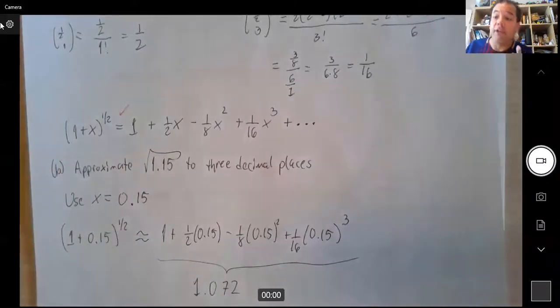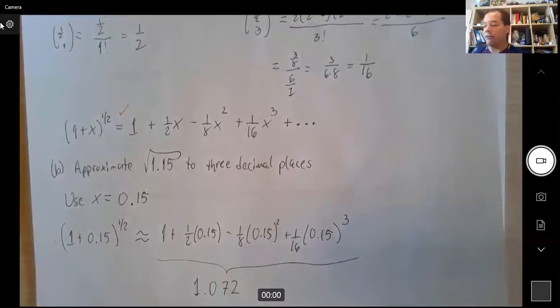Good news is that that will be the case for most of our functions. So for most of the functions that we know, like sine, cosine, e to the x, this one, the binomial, or arctangent, or ln, for any of those, it will be the case that the Taylor series will be equal to the original function.